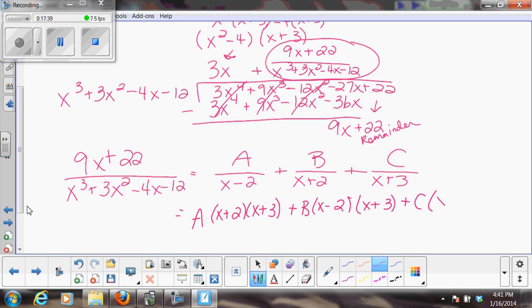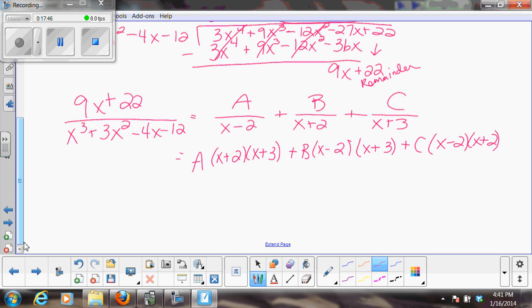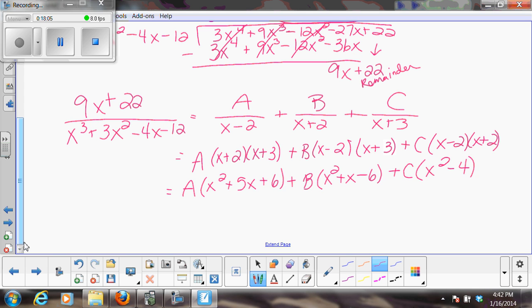And C is missing the x minus 2 and x plus 2. I'm going to multiply by foiling. All right, and then regroup.